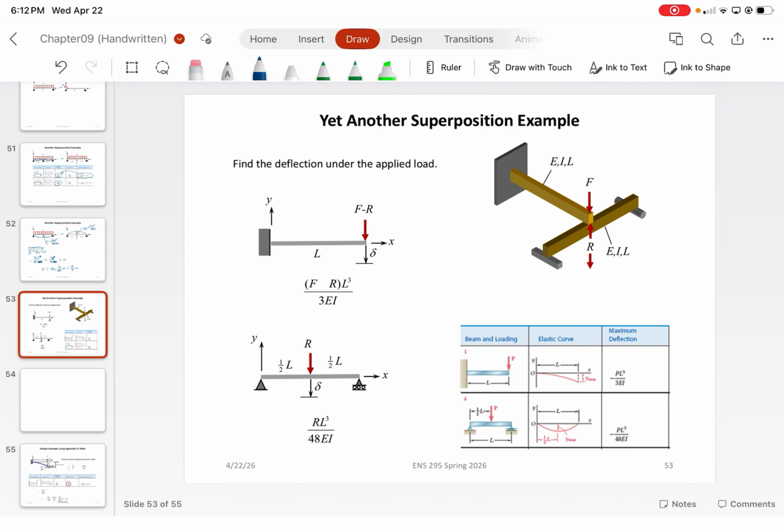Technically I should have deleted this, but the deflection of that cantilever beam we can calculate as y equals (F minus R) L cubed over 3EI, which is from superimposing that load. The other equation we would get from here would be R L cubed over 48EI.